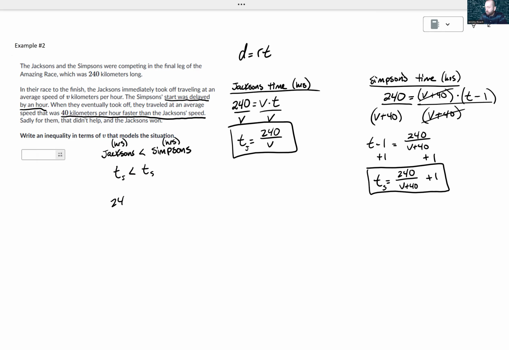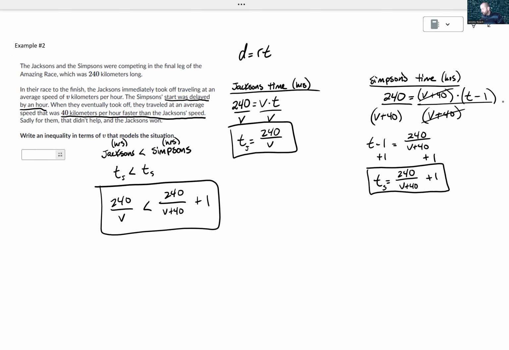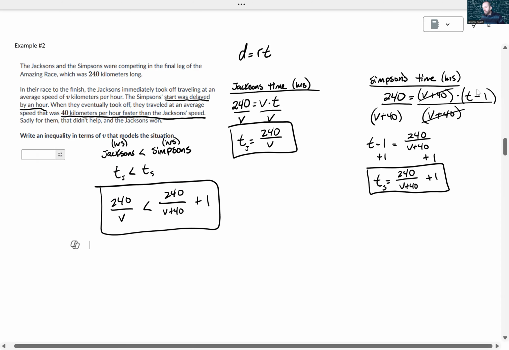So 240 over v is less than 240 over v plus 40, plus 1. And that's our final answer for this one. So it just wants us to figure out what these variables are and then write it, if it says in terms of a variable. In this case, we wanted to write everything so that there was only v's left.